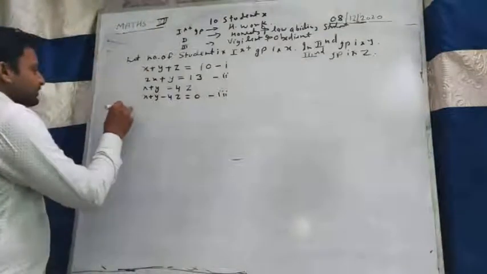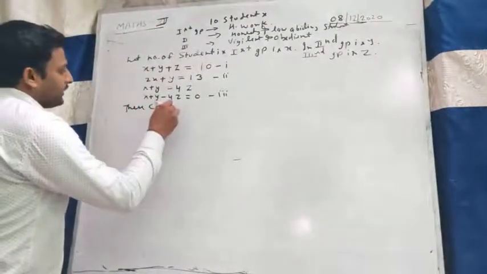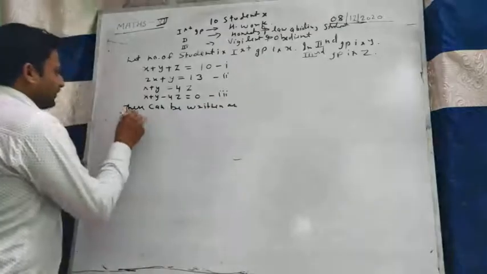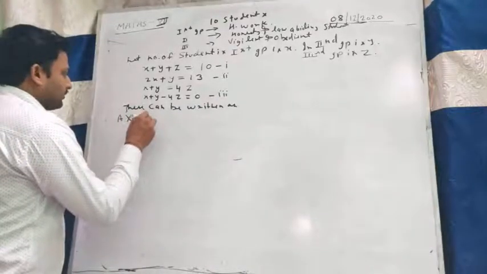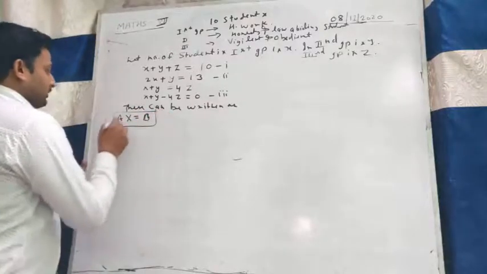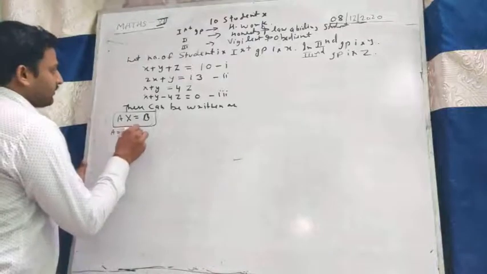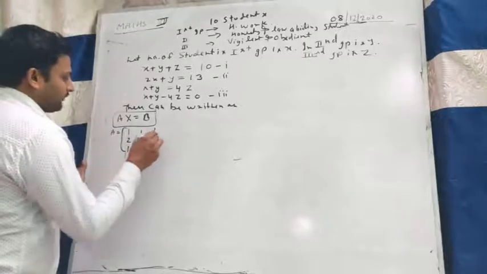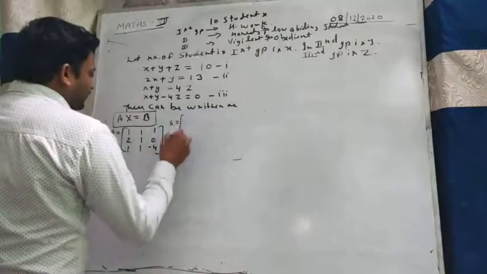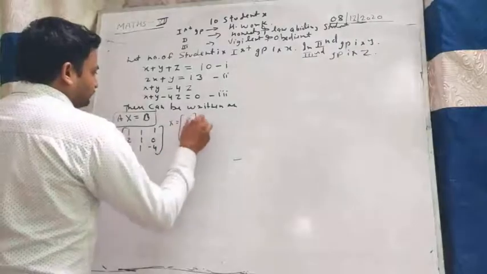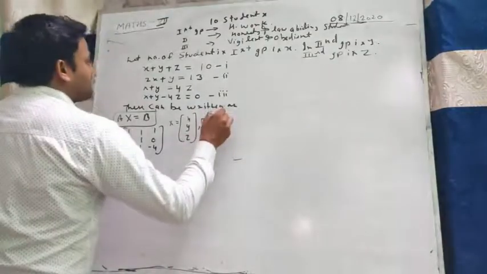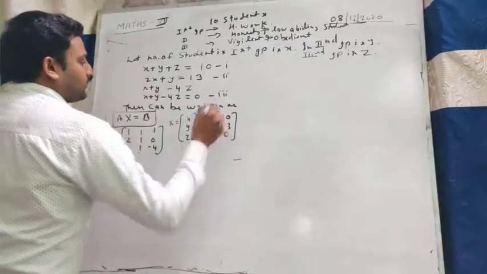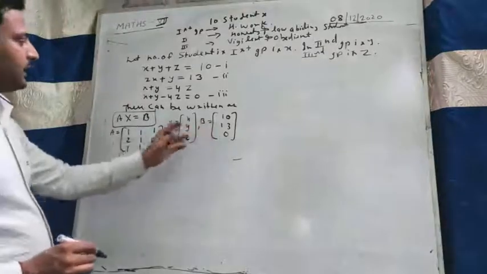So now these equations can be written in the form AX equal to B. So A is [1 1 1; 2 1 0; 1 1 -4], X is [x y z], and B is [10, 13, 0]. A is this, B is this, and X is this.